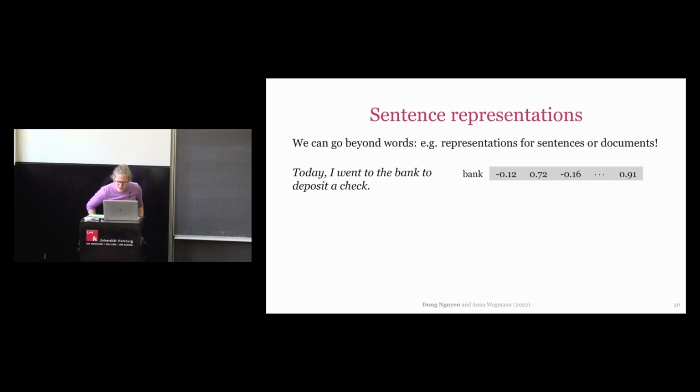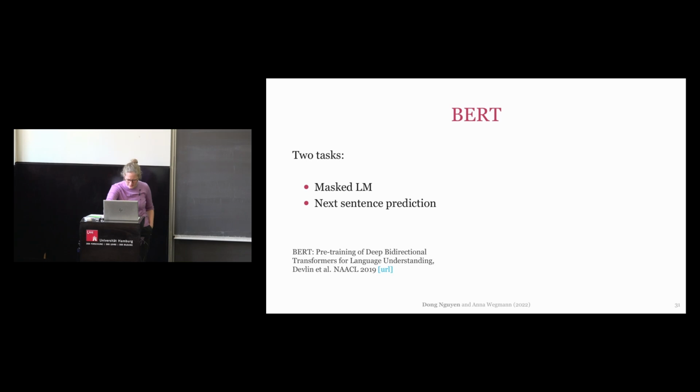And then what we might also want is representations for the whole sentence, right? One key term to use here is BERT, or Bidirectional Encoder Representations from Transformers, which is basically a fancy neural network that is also learning, just like we were learning word representations, based on two other tasks, masked language modeling and next sentence prediction.